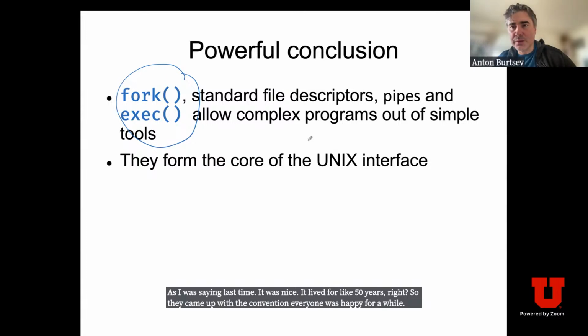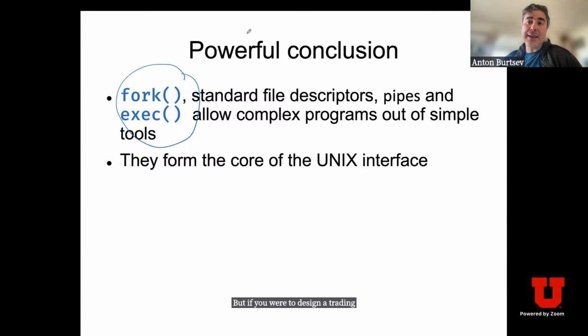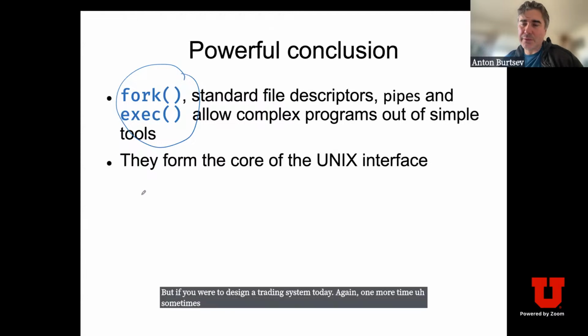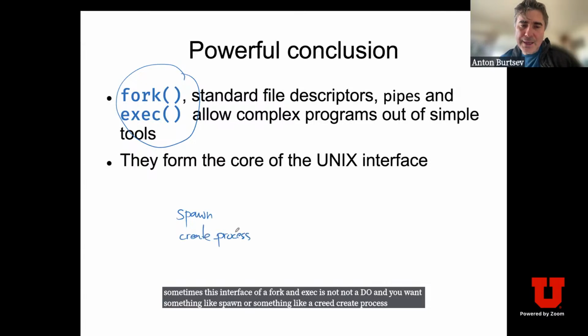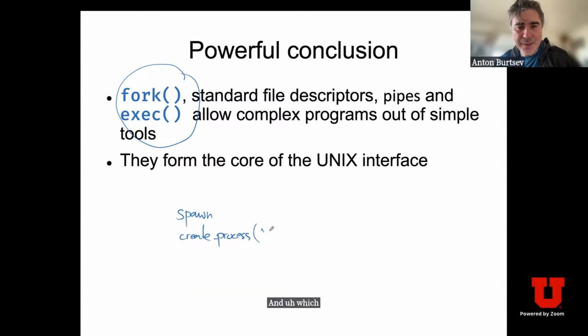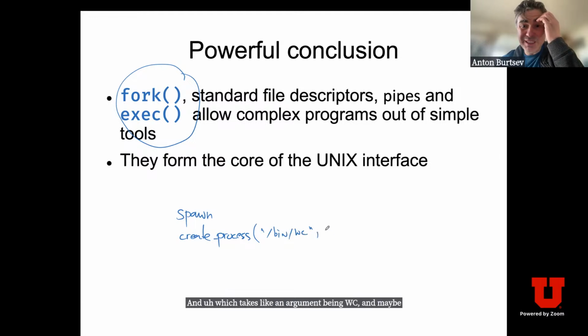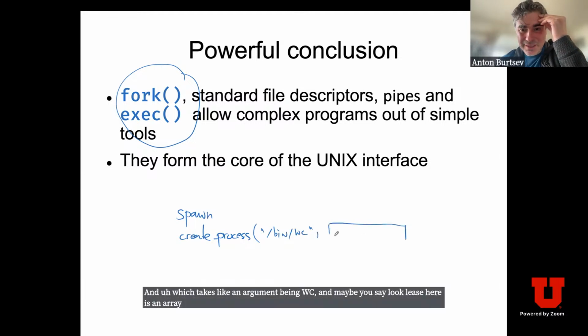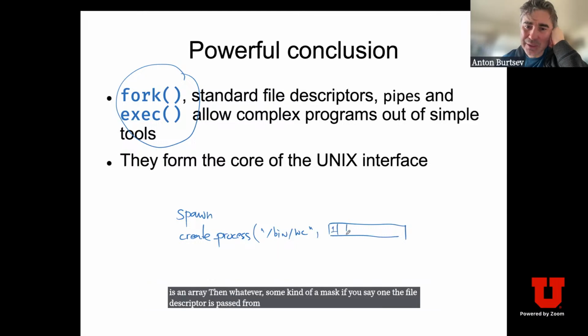But if you were to design an operating system today, sometimes this interface of fork and exec is not ideal, and you want something like spawn or create process, which takes an argument like bin WC, and maybe an array, some kind of a mask. If you say 1, the file descriptor is passed from the parent to the child; if it's 0, it's not.